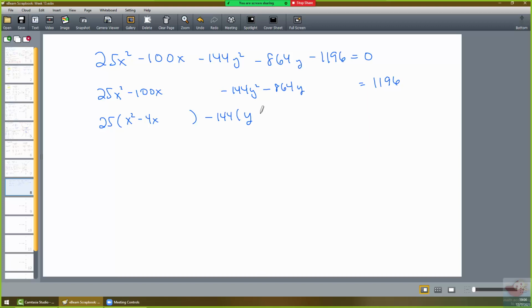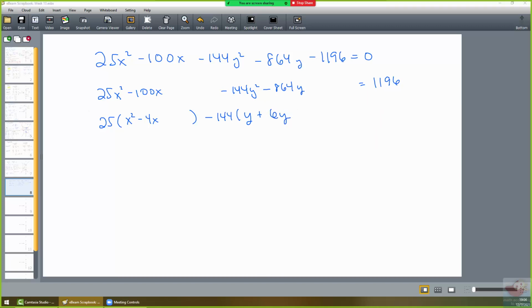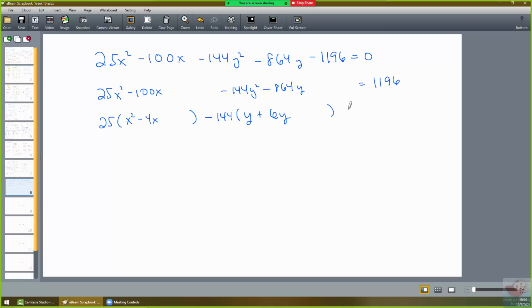I think that's 6. 864 divided by 144, I did it right, is 6. So the variables are by themselves, leading coefficients of 1. We are prepped to complete the square. To complete the square, you take half of the linear coefficient. Half of -4 is -2, squared is 4.